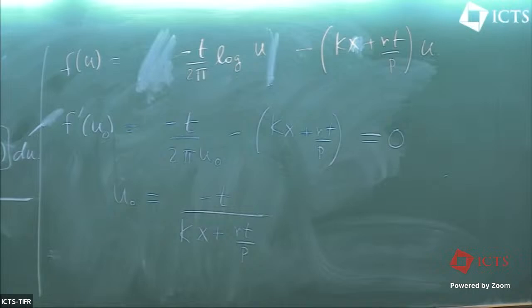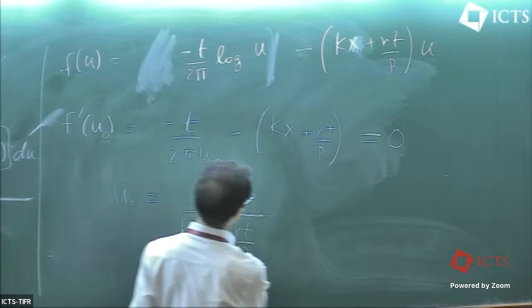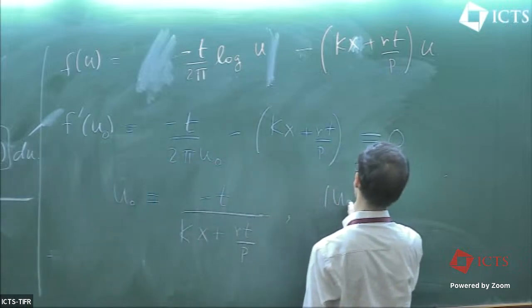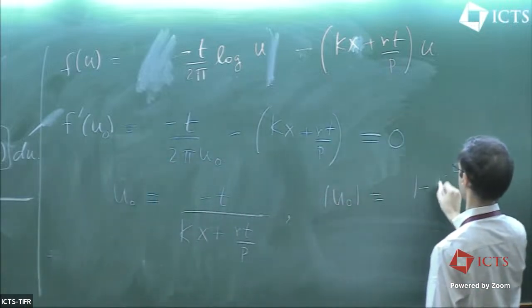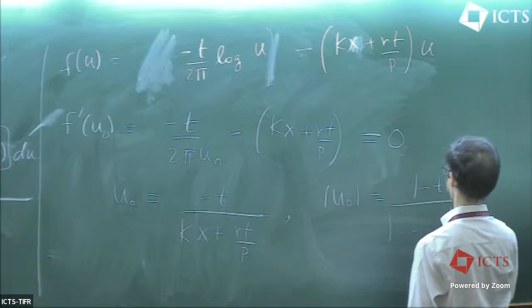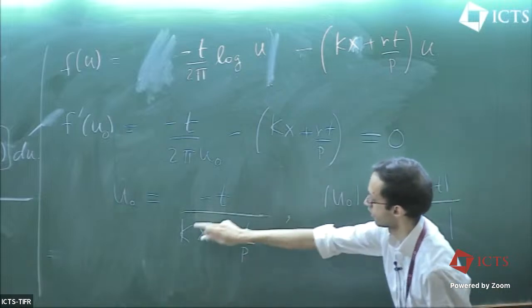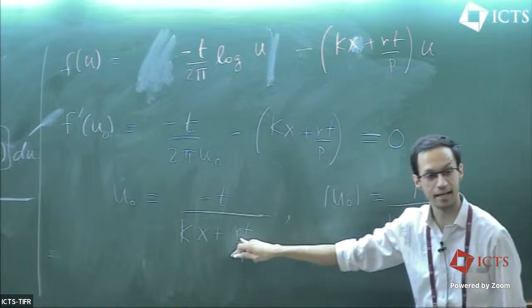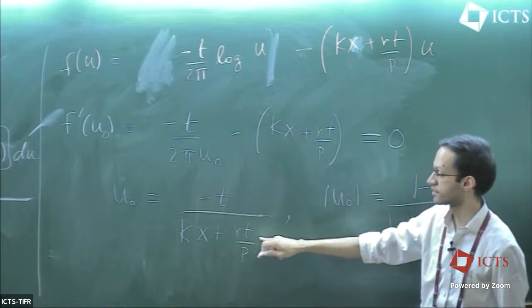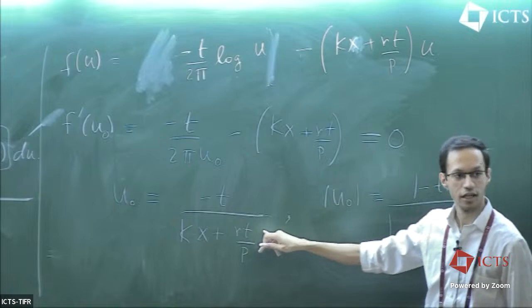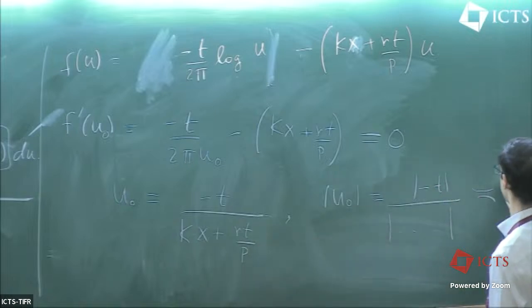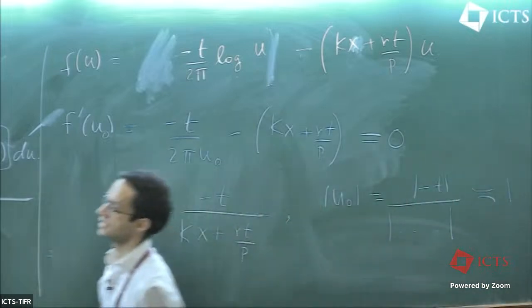But notice over here, if you take the absolute value of u naught, because r is less than t, the size of the denominator is also of size t. And so this is going to be of size 1, which is inside the support.